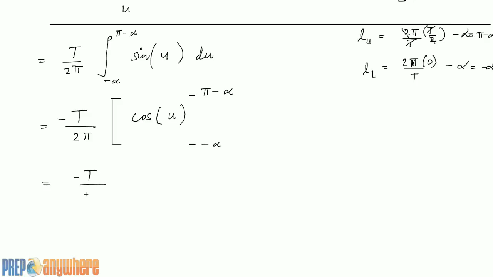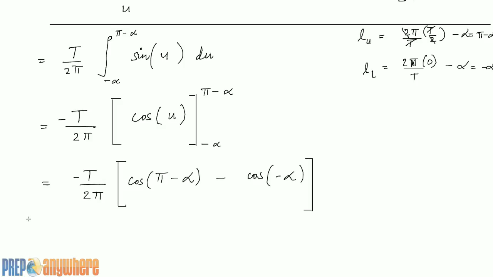At this point, negative T divided by 2 pi, and inside my bracket I have cosine of pi minus alpha minus cosine of negative alpha.